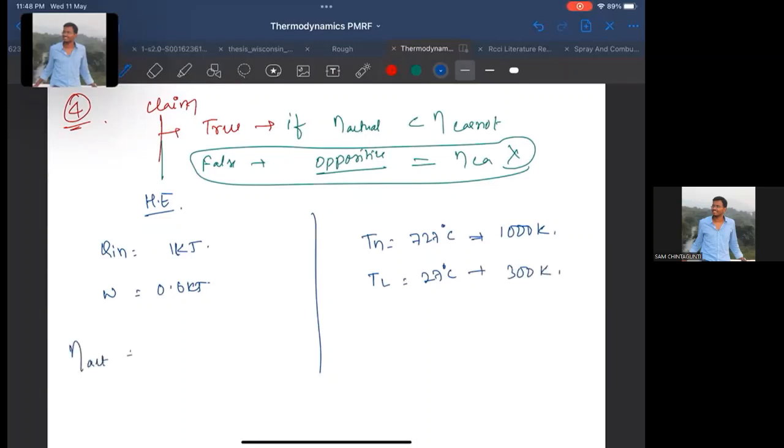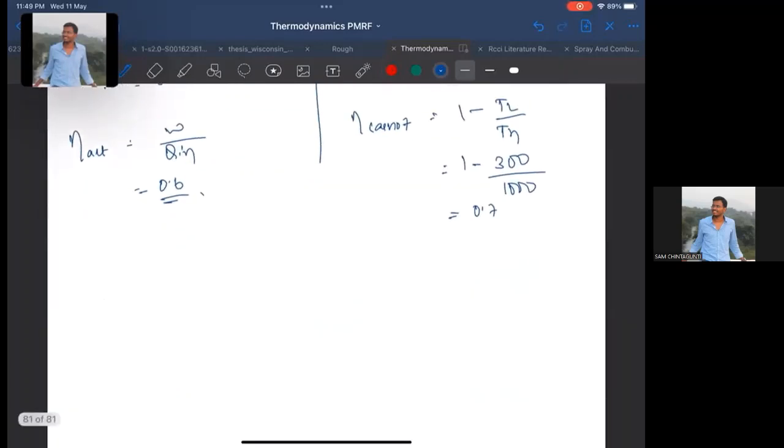Efficiency actual is equal to W by Q, which is equal to 0.6. And efficiency Carnot is equal to 1 minus TL by TH, which is equal to 1 minus 300 by 1000. So efficiency actual is actually less than efficiency Carnot. So it is possible.